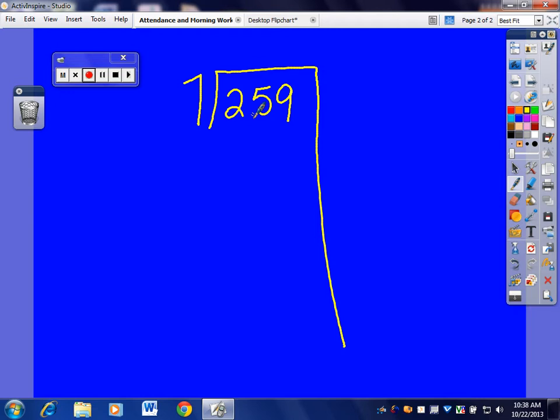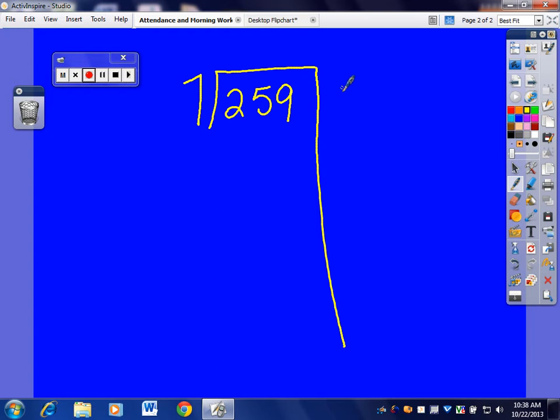Not 7 times 80. 7 times 30. 7 times 3 would give you 21, and since we're looking at 259, not just 25, we need to think in terms of 10, so that's why 30.